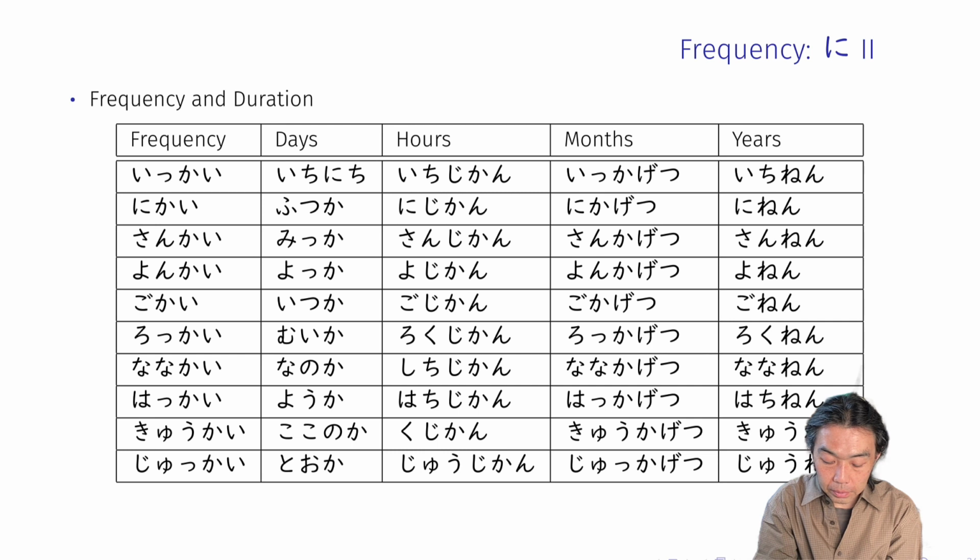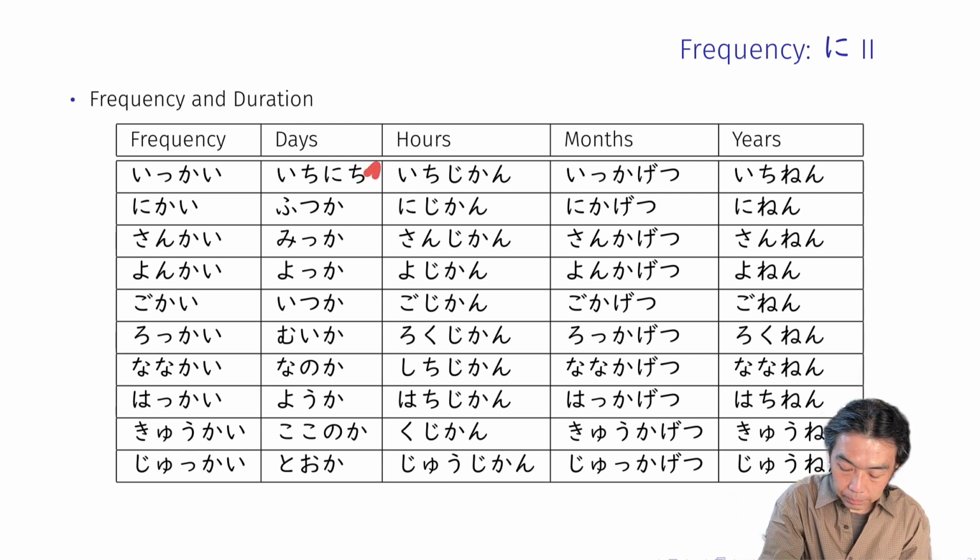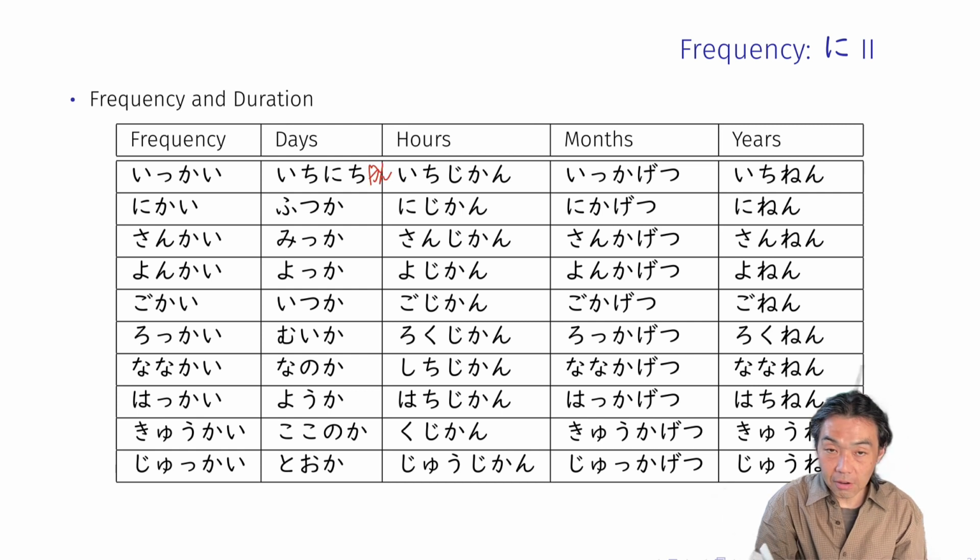So day, 1日 is 1 day, but you can also say 1日間. If you want to be very, very specific, you can say 1日間 too.